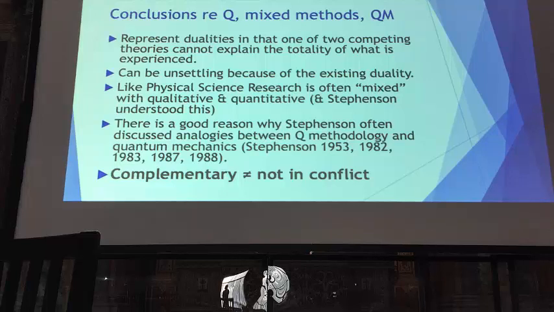How would you respond to that? Are you saying that he wasn't using quantum to describe it, but he used quantum as the basis for Q methodology in a more theoretical framework way than a way of explanation? I'm not sure. I know that he explicitly said that it was not an analogy. Okay. Thank you.